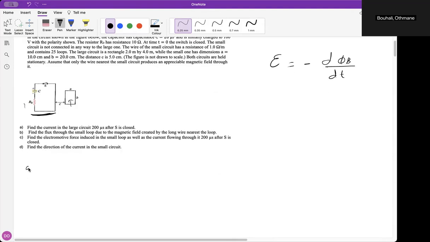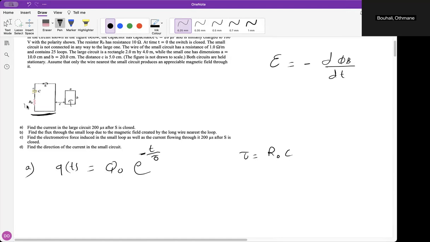You can consult previous videos about capacitors and RC circuits, but for the moment, the charge as a function of time is equal to the initial charge times exponential of minus t over the time constant, and the time constant is equal to R0 C. R0 is given, C is given.